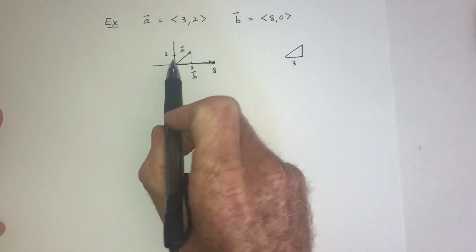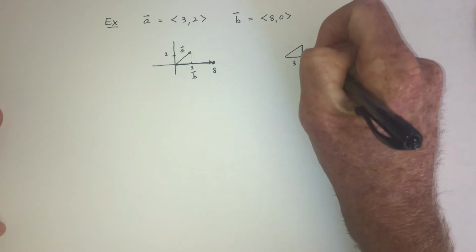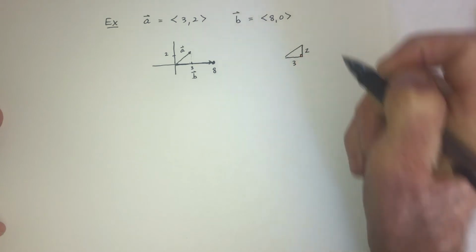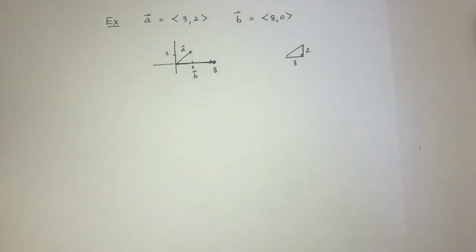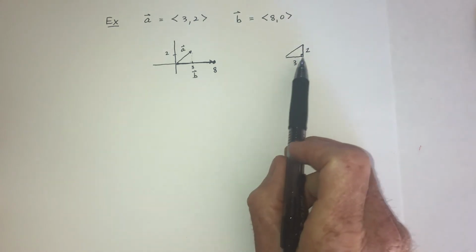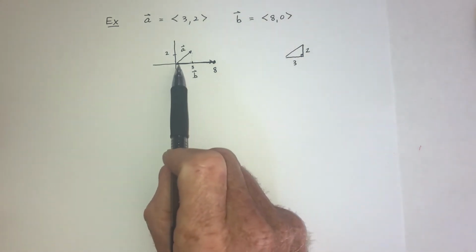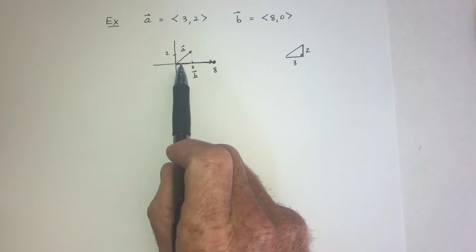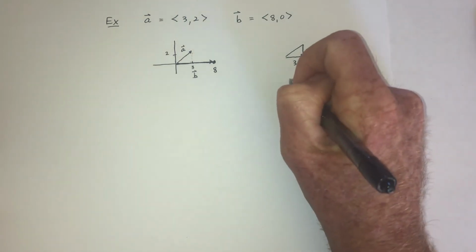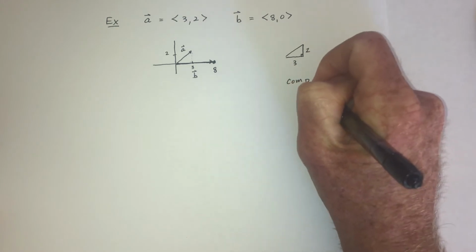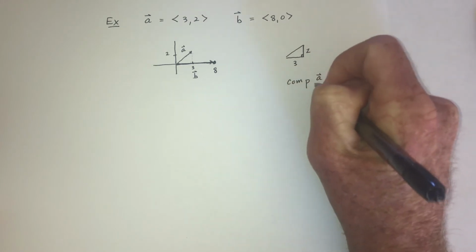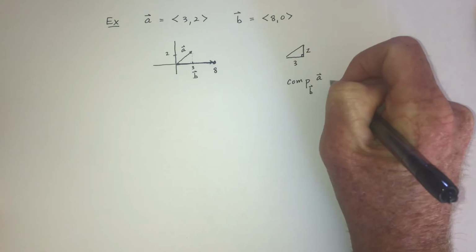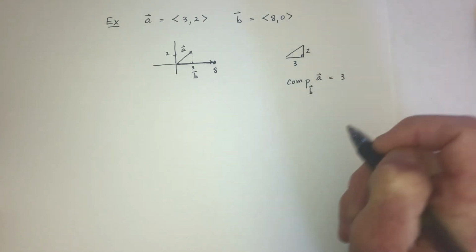And this side, that would be the same as this, so this is 2. So actually, I didn't even really need to do this part because then you can see right here, the length of this is 3, so that means that the component of A onto B is equal to 3.